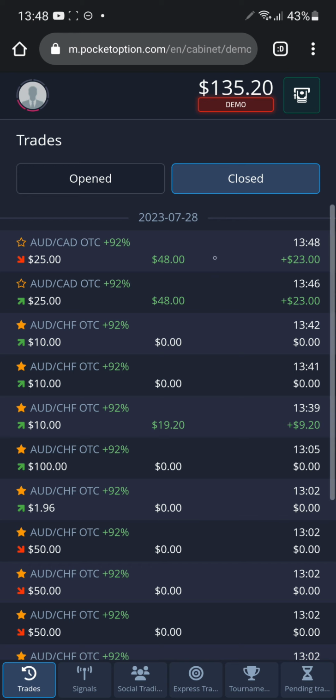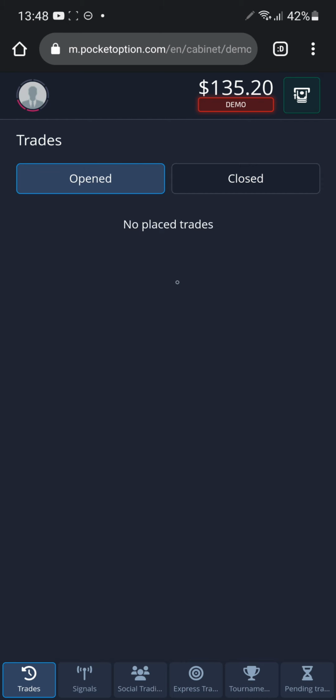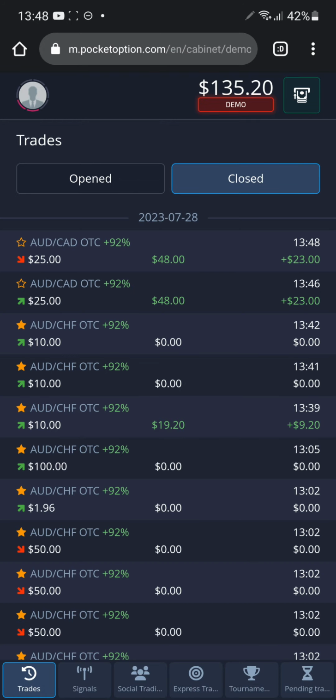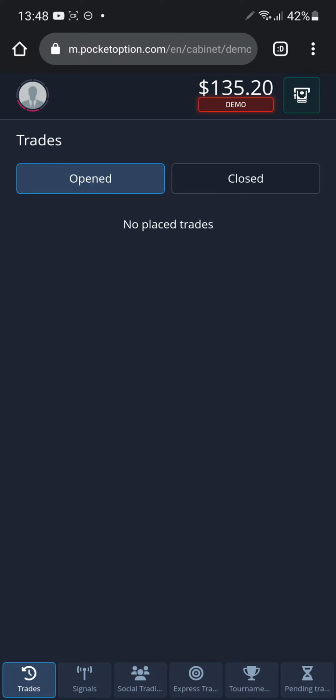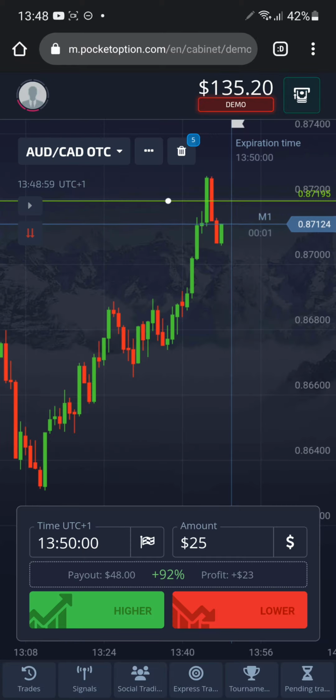You can see the amount you entered for, the payout amount, the percentage, and the profit amount. You can see everything here. So if you have an open trade, it will show here. If you have a closed trade, previous trades, you see them here. So it's as easy as that. If you click this trade again, it takes you back to the trading floor or the trading charts.